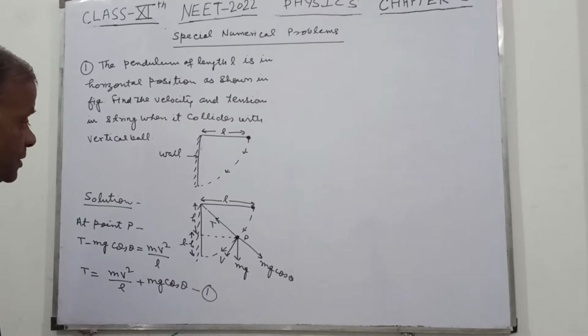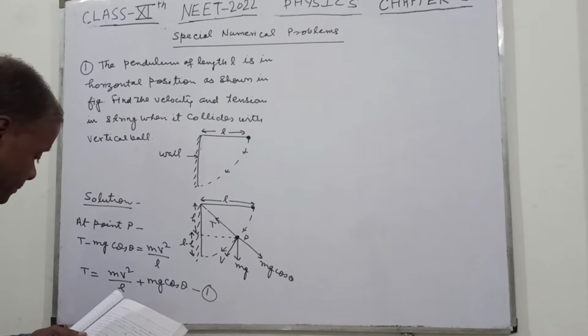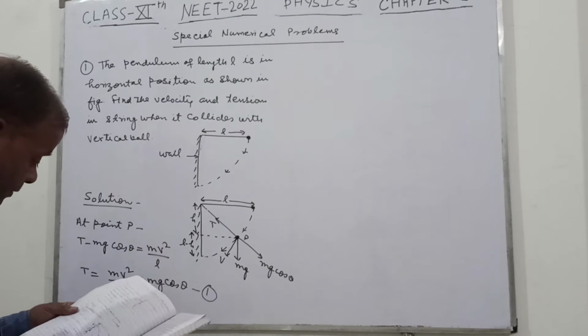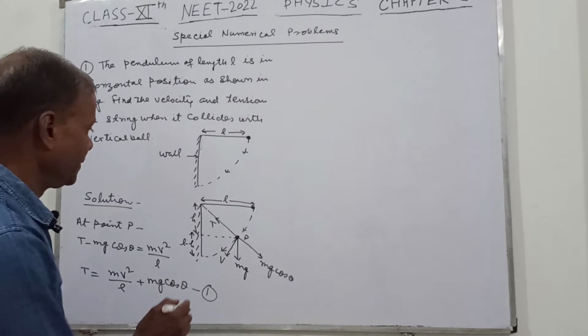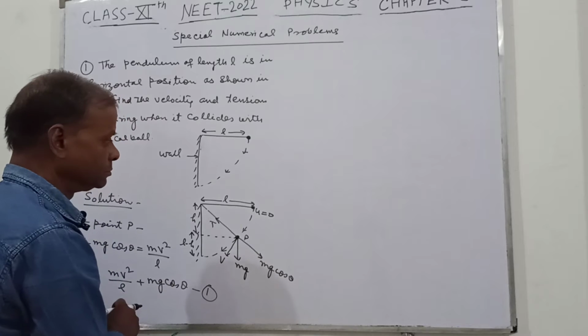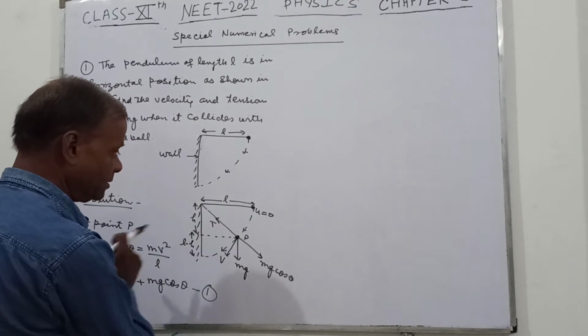And then for velocity, we apply the theorem of the conservation of energy. The initial velocity is equal to 0, and it falls up to this height h.